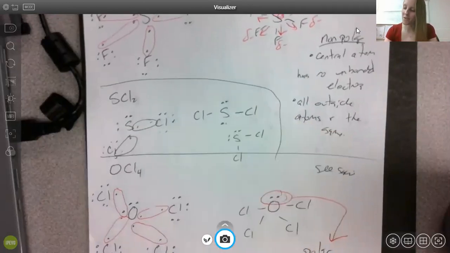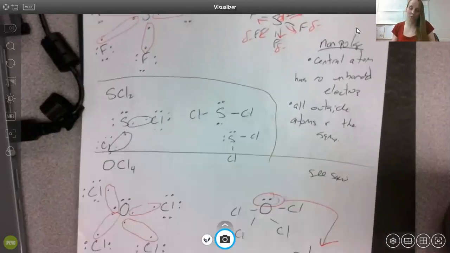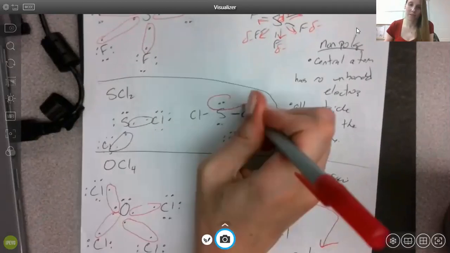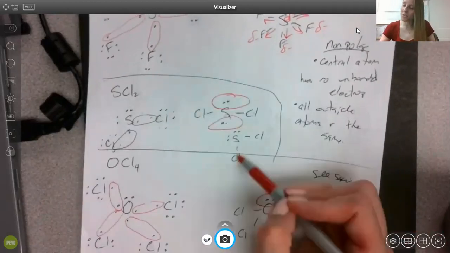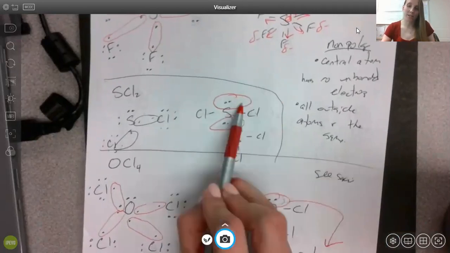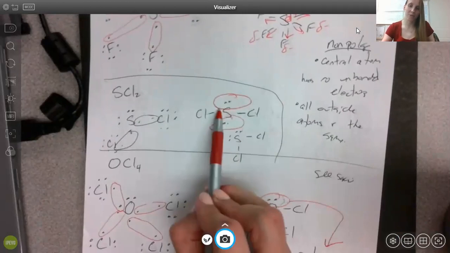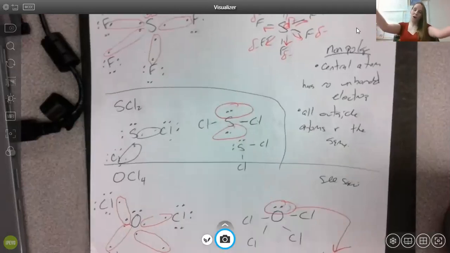If you draw it straight like this, it can look as if this would be nonpolar, though these unbonded electrons tell you that it is going to be polar. But you do need to show me that you know that anytime you have unbonded electrons around the central atom, it cannot be linear. Those unbonded electrons are going to push the bonds out of a straight line.